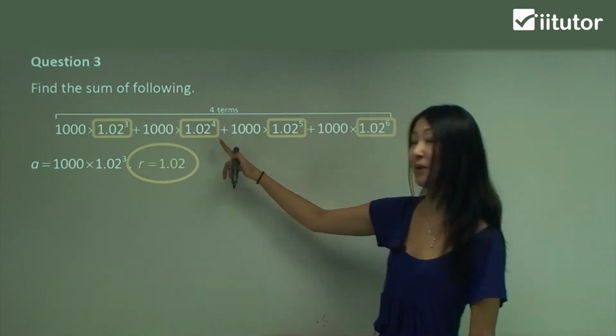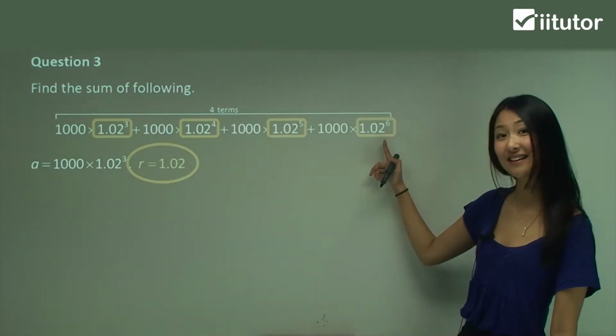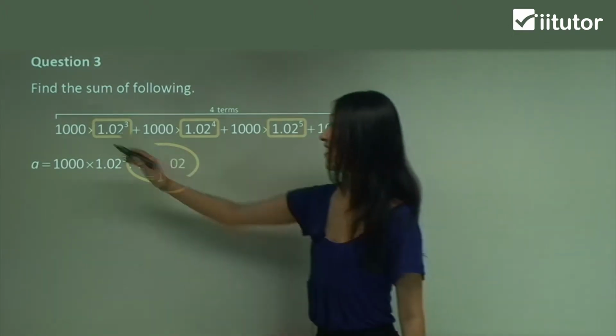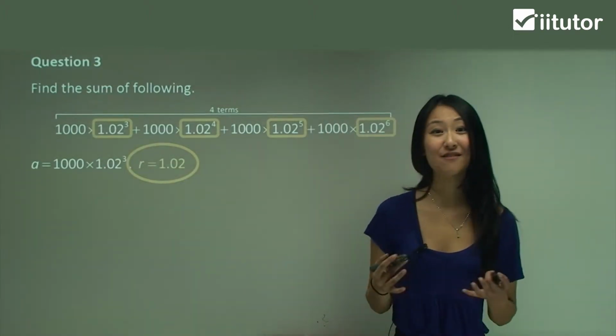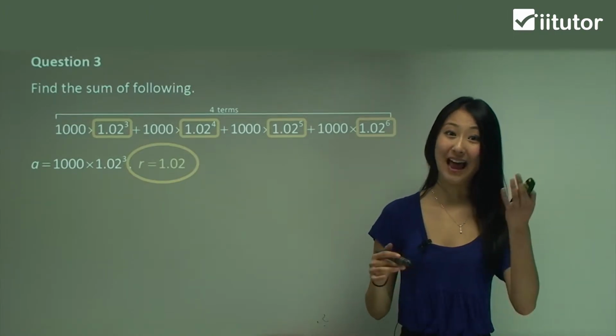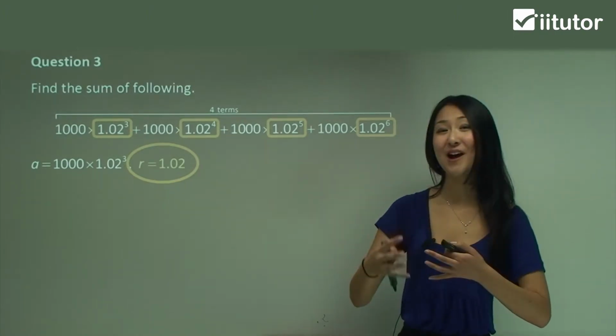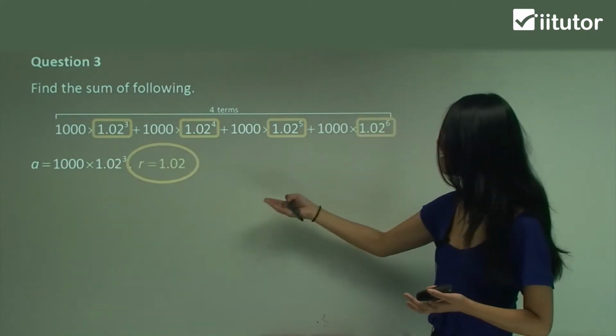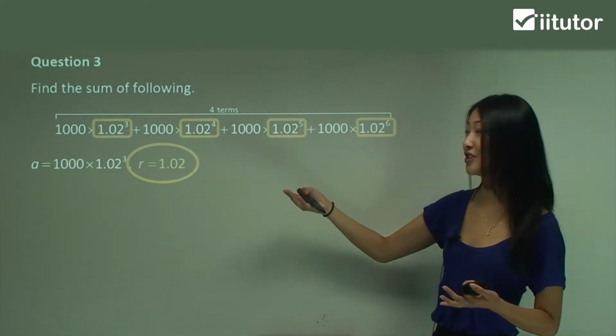Can you see that? So just be careful that you don't see 1000 and automatically assume it's the first term. We always have to consider a and r together to work out what the ratio and then what the first term will be.